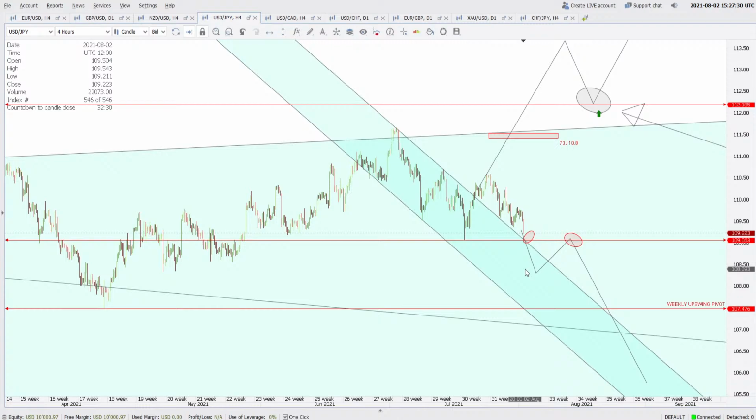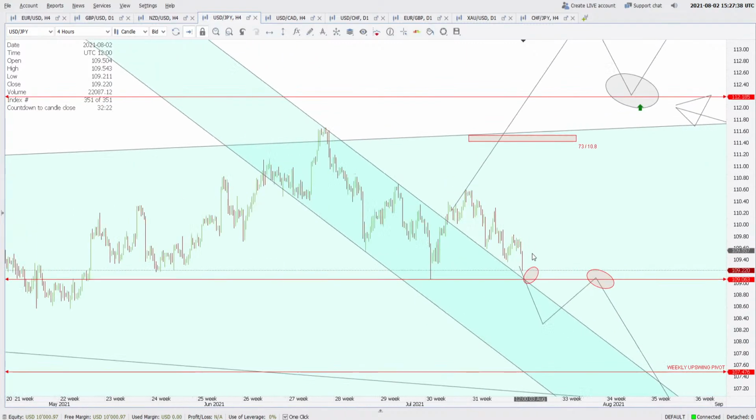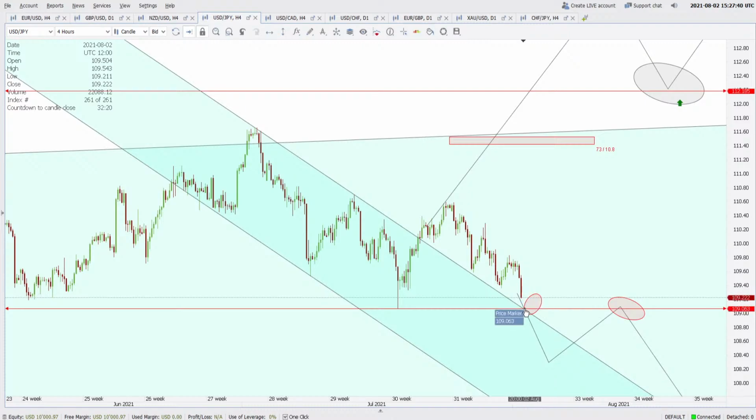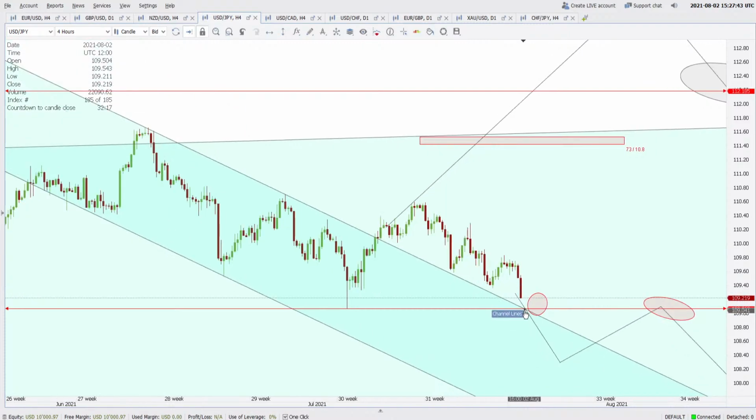In fact, I will wait for the price to go below this, and wait for an opportunity to sell at this retest. Right now, if you see bullish price action here, there is a possibility that you can go for a buy position. But seeing these two bearish candles on the previous 4 hours, I don't think it's a good idea.